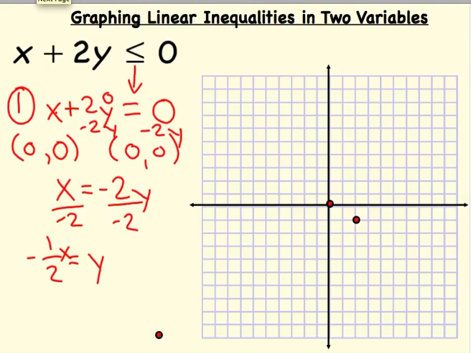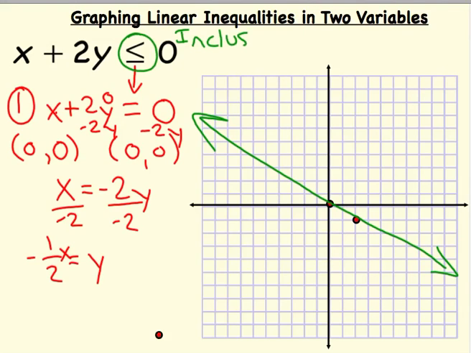So that's our line. And our line this time is inclusive, so we're going to draw a solid line. So again, this is inclusive, which means we draw a solid line.